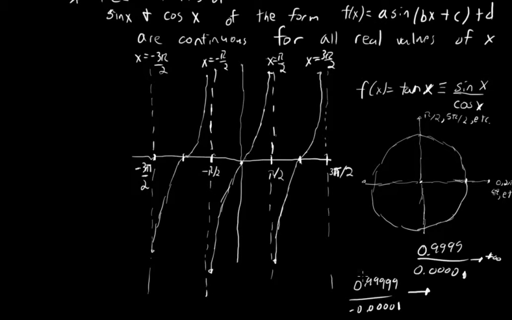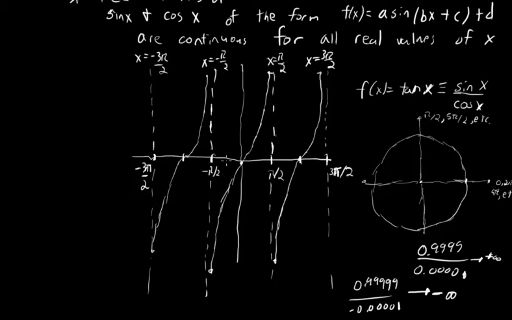The closer you get to pi over 2, the closer sine is going to be to 1, and the closer cosine is going to be to 0, but it's still going to be a negative number. So this is going to be negative infinity immediately on this side of pi over 2. It's going to be really, really large negative numbers.